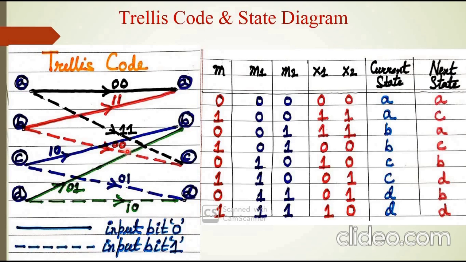Now, if current state is C, input is 0, next state will be B. So output will be 1, 0.